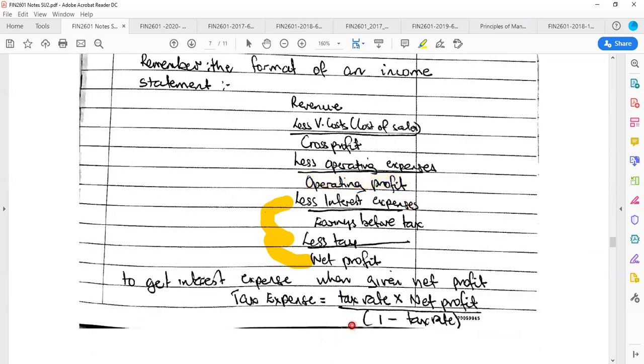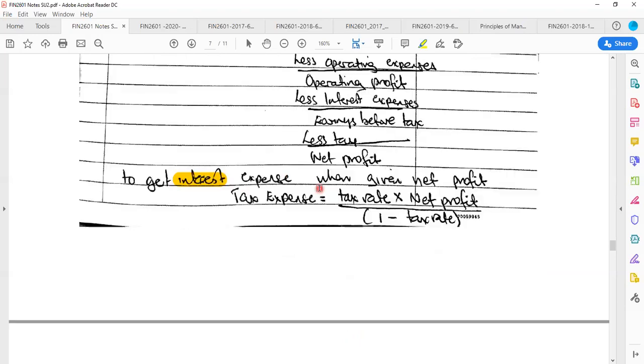So if you want to get the tax expense, let's say you want to add back tax to the net profit such that you can get earnings before tax, and then add back interest expense. I shouldn't have said to get interest expense. I should have said to get the tax expense. This should say tax expense. Our tax expense is given by the tax rate multiplied by the net profit over 1 minus the tax rate.